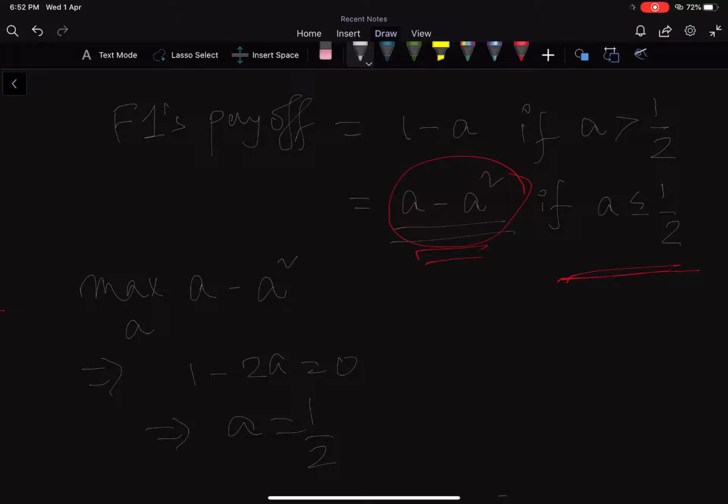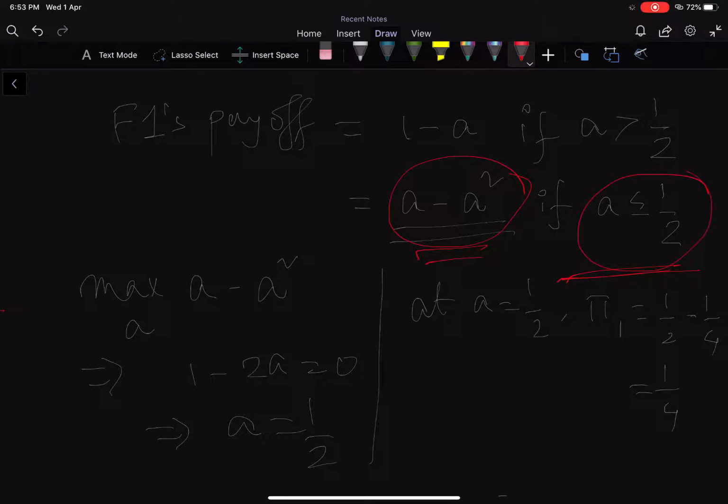At A equals half, firm 1's payoff is half minus a quarter, half squared, which is a quarter. That's the maximum payoff he can get in this range.